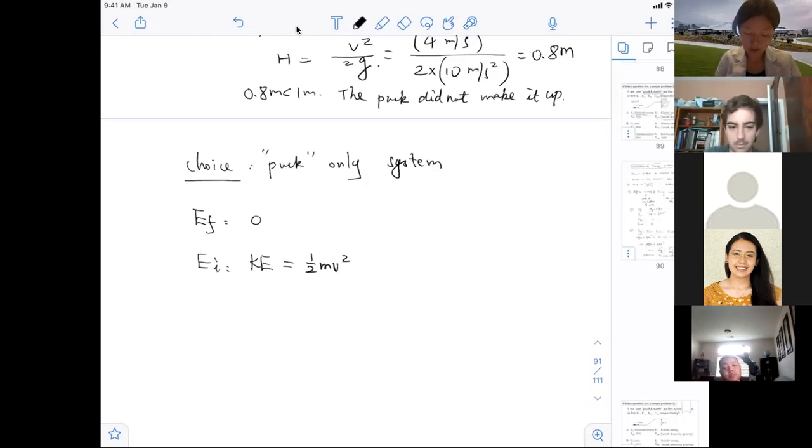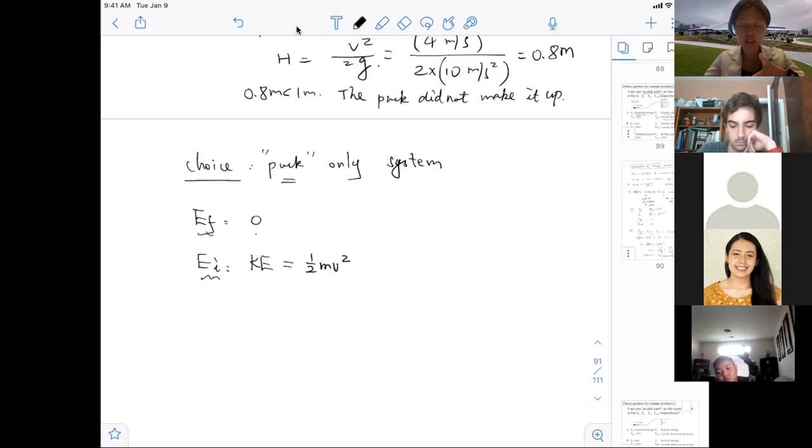Okay, so yes, the kinetic energy is our only form of energy now. Your puck is your only object in the system. This puck system has only kinetic energy initially and finally has no energy. So from initial, you have some kinetic energy, to final, you have 0 energy. During that process, the energy decreased, right? It's not increasing.